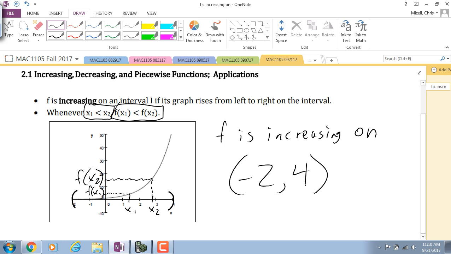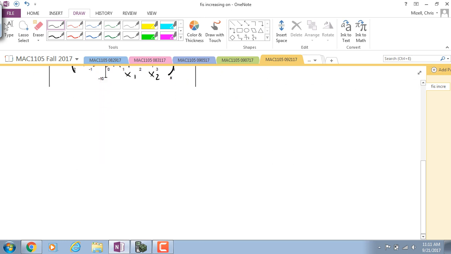We're talking about a portion of the x-axis where this increasing or decreasing is happening. It looks like the point that has an x-coordinate of -2 and a y-coordinate of 4, but we're not talking about that. We're talking about the portion of the x-axis where the graph is rising. And so that's how we'll describe the interval where this function is increasing.